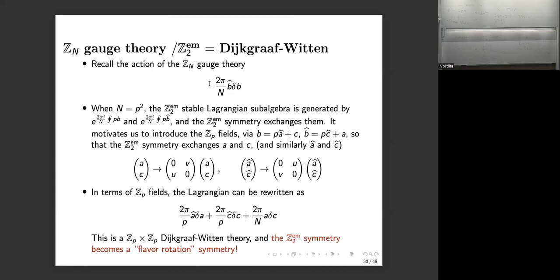First of all, we know that we have a Z2 EM stable Lagrangian subgroup, which is generated by (p, 0) and (0, p), because now n is p squared. So the two generators are these.